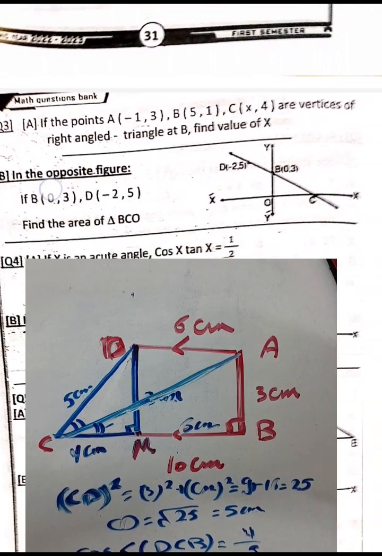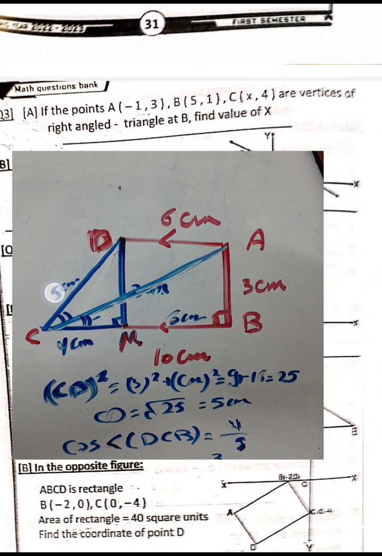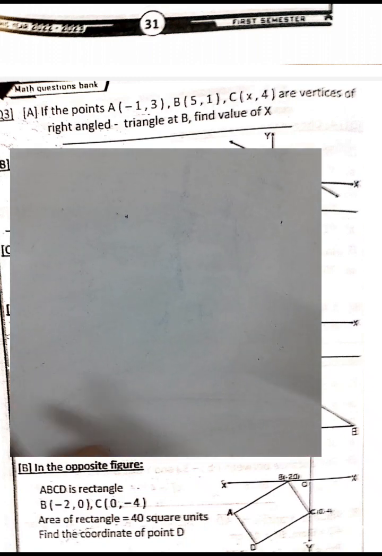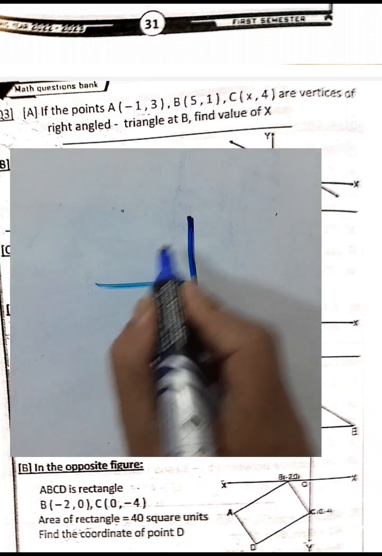Question number 3. If the points A, B, C are vertices of a right angle triangle at B, find the value of X. Okay, we will draw a right angle triangle at this point.